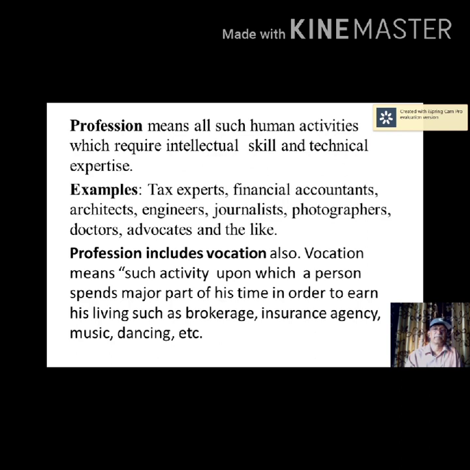Similarly, to become an engineer, you have to complete a degree in engineering or post-graduation in engineering. To become an advocate, you have to have a bachelor's degree in law or post-graduation degree in law. So that way, you have to have minimum professional qualification and of course, you undergo some training, etc.